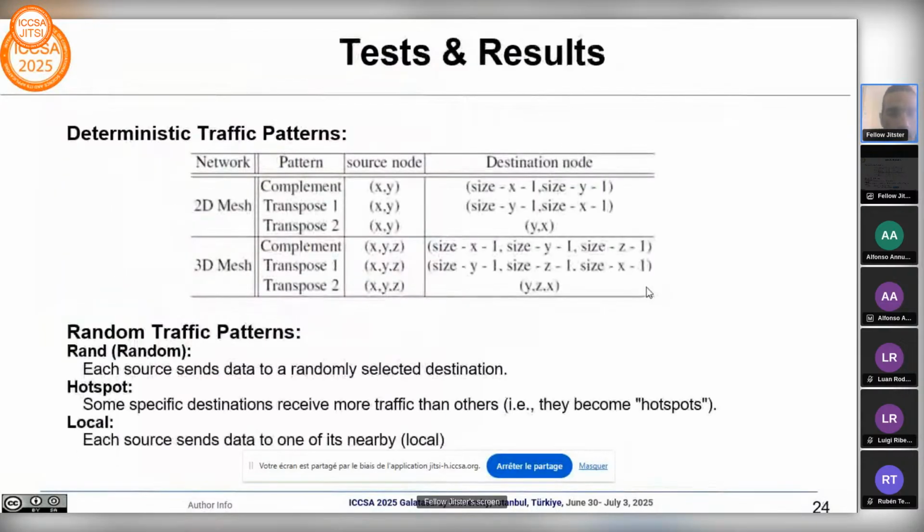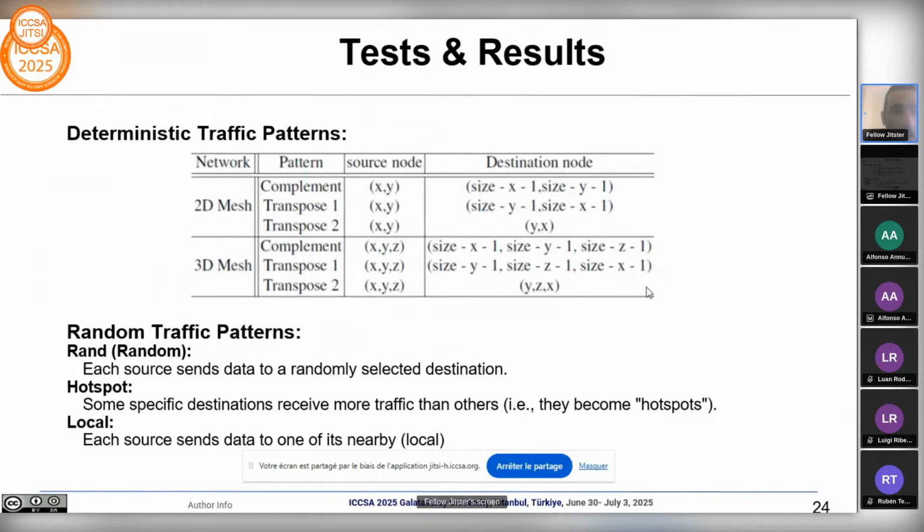To test our algorithm, we must use traffic patterns. Traffic patterns can be classified as deterministic or random traffic patterns.